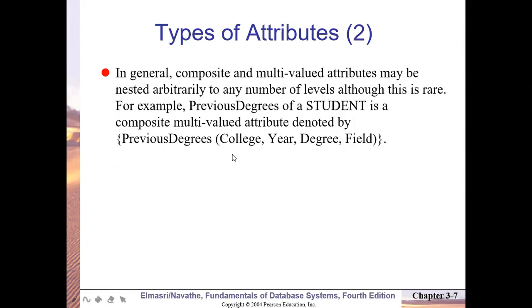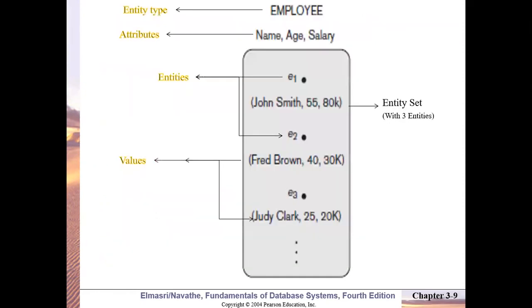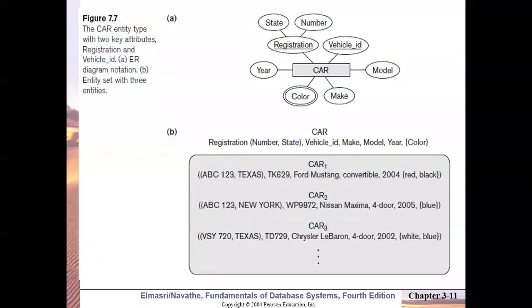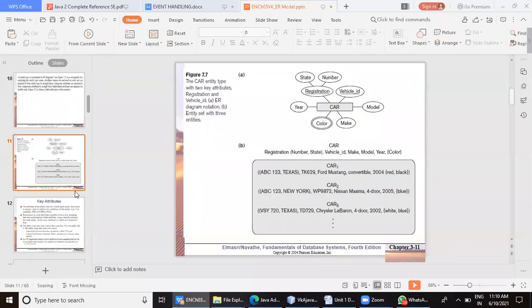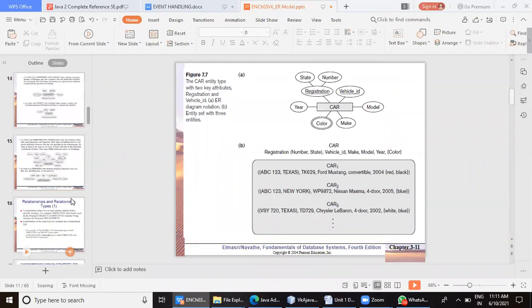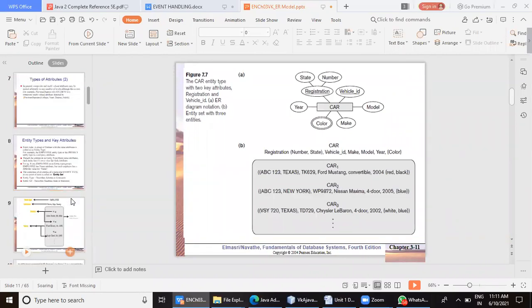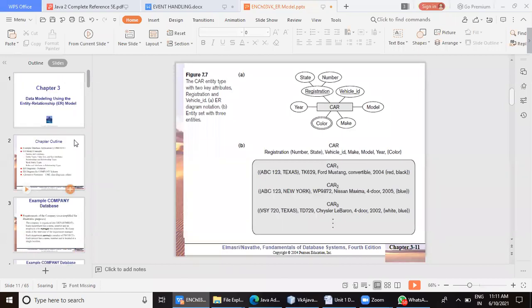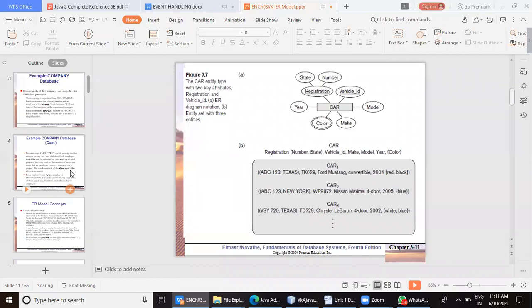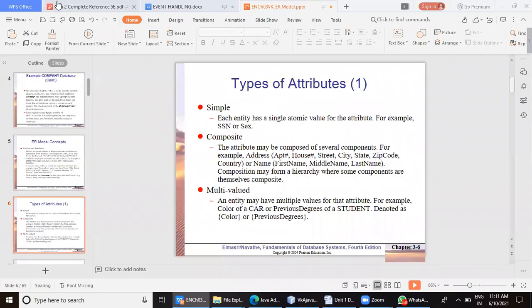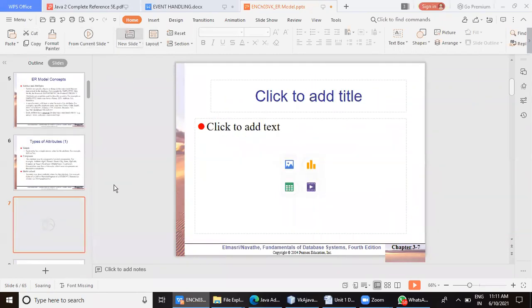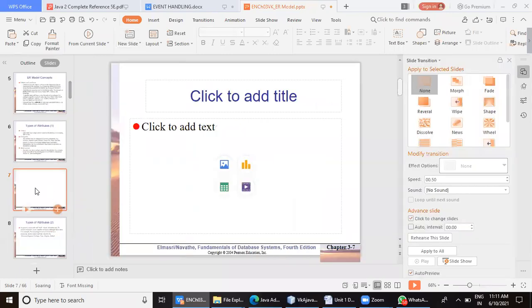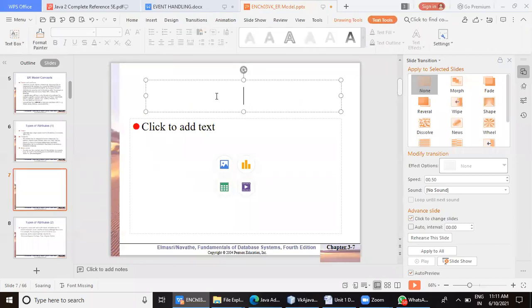Other than that, just a minute, I'll check with the slides. Maybe it is a little bit shuffled. There are two more types of attributes. The slide is missing here. Two more types of attributes that I will just tell orally, or I'll add a slide here.